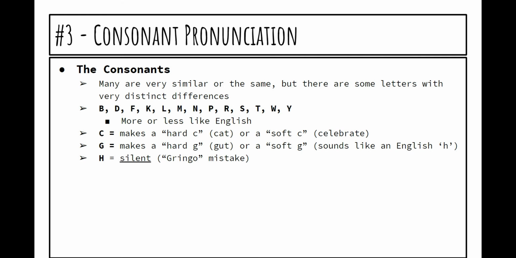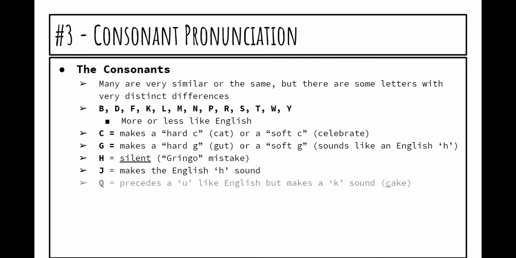I call it a gringo mistake. It just sounds really bad if you make your H's have H sounds to them. So make sure they're silent. Hola, hello, has an H at the start. It's silent. The English J, or the jota in Spanish, makes the English H sound. You're used to that from like a Juan or Jose, jalapeño, those kind of things.